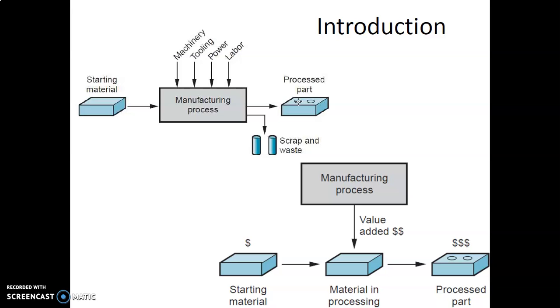Okay, so in the right hand side example you can see the starting material. That actually has some cost, like if you are working on cast iron, it has some cost. Okay, then we are adding some value to that component. That is known as the manufacturing process, and that will give you the final component.